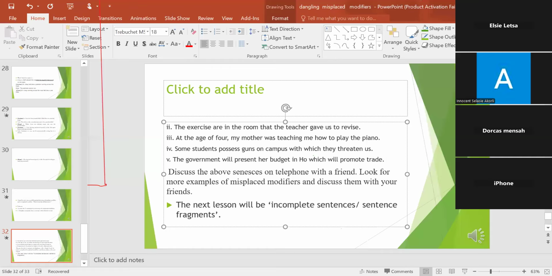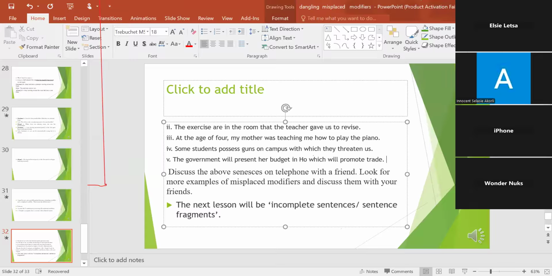Okay, so what does this one mean? It means who is promoting the trade, not the budget. That's where the ambiguity comes in.